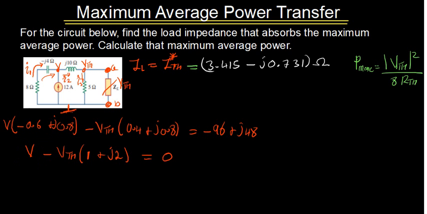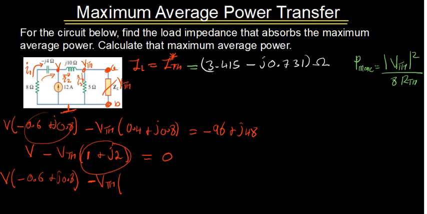So we are going to say it's the v multiplied by 0.6 plus j 0.8, then minus, so we're going to have V Thevenin here, I'm going to multiply this by that. It's really up to you which method you use, whether you convert to polar or do it the way it is; you're still going to get the same thing. I'm just going to multiply the way it is.